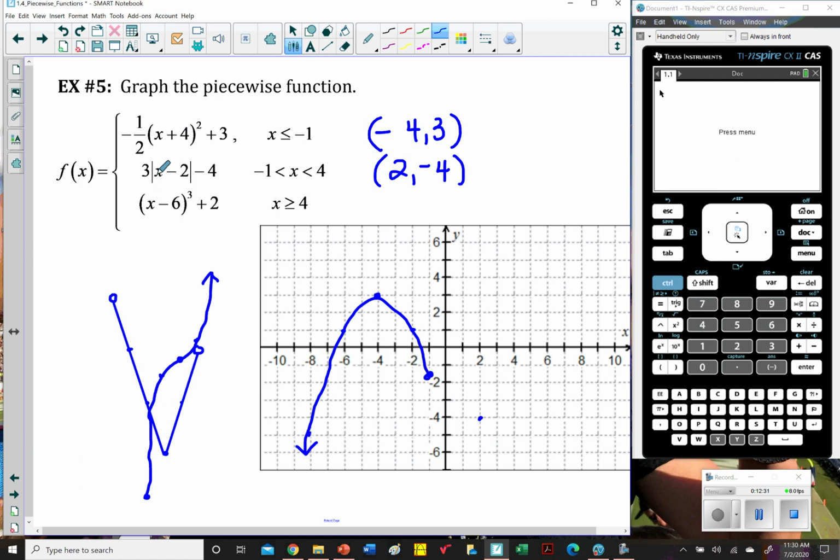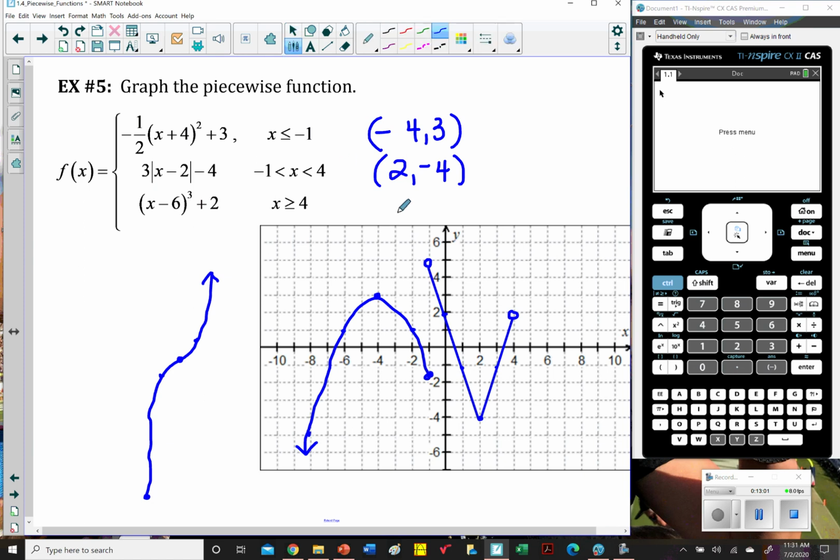On each side of the absolute value, we're going to see a slope of 3 or a slope of -3, and our interval is from -1 to 4. So I'm just following the slope, 3 up, 1 right, 3 up, 1 right, and repeating that toward the left. 3 up, 1 left, 3 up, 1 left, and stopping at -1 and +4 with open circles there.